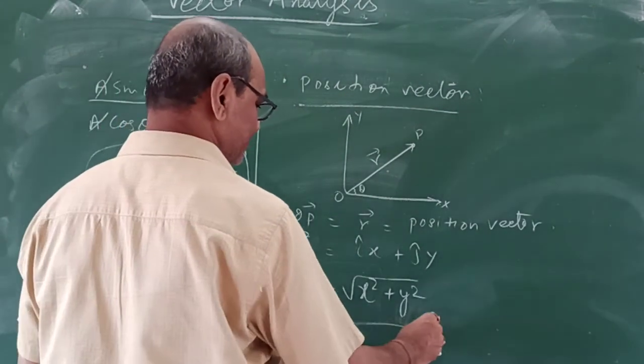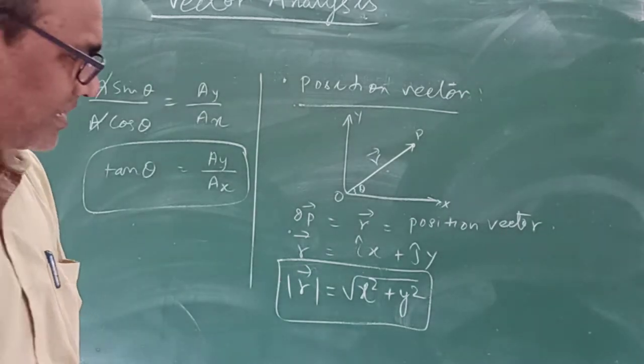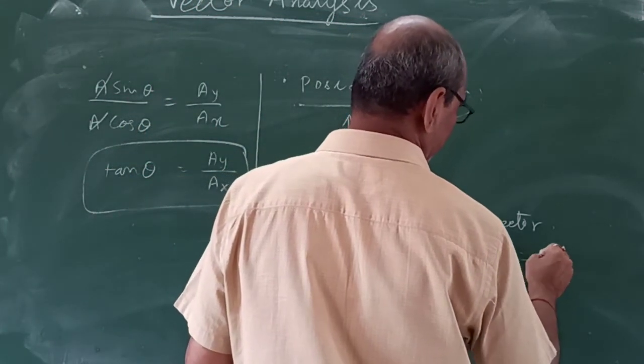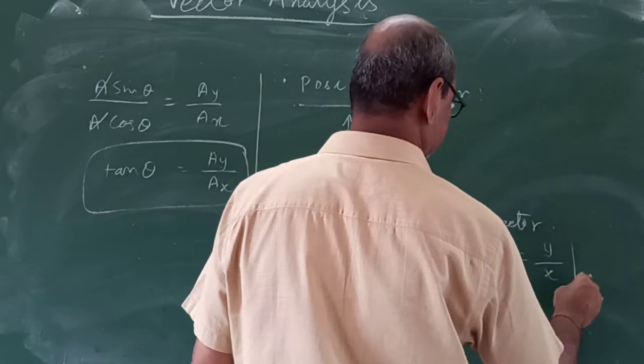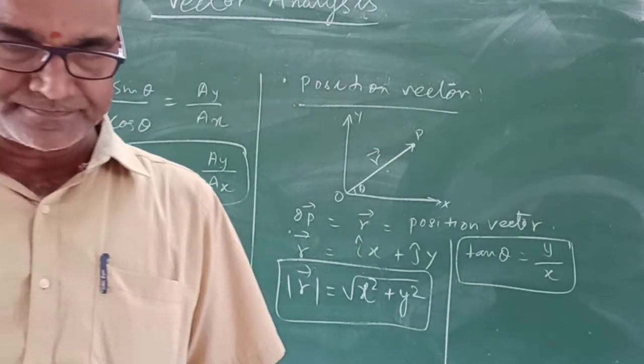That is the magnitude of the position vector. If we write the direction, tan theta is equal to y by x.